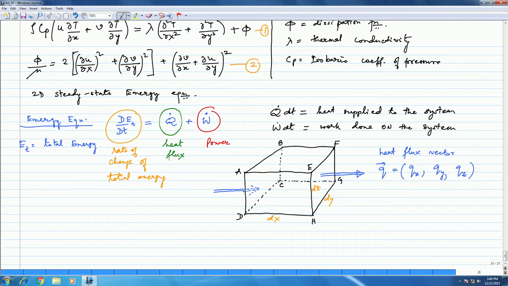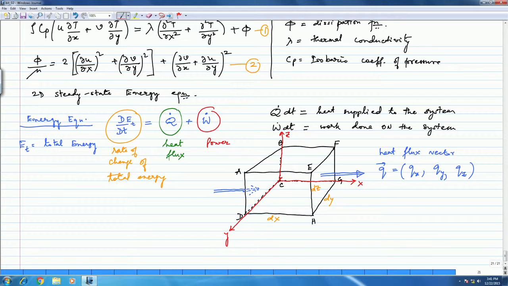So in the x direction. I haven't drawn the axis system here, but I hope you can understand that. The axis system is somewhere like this. Right? So this is your y.